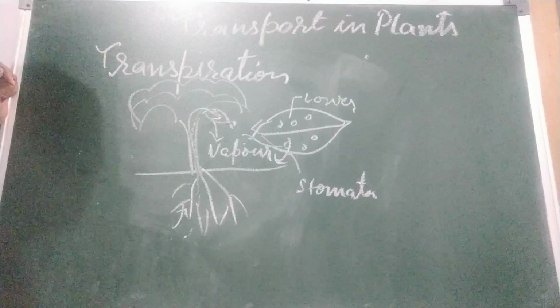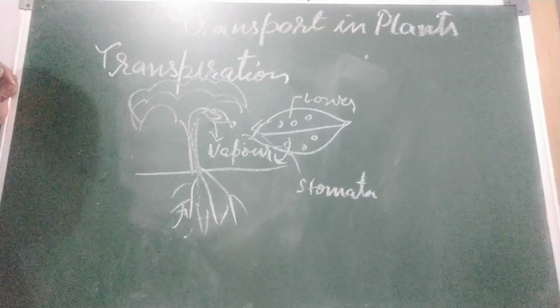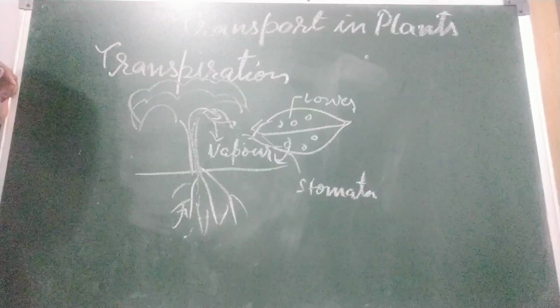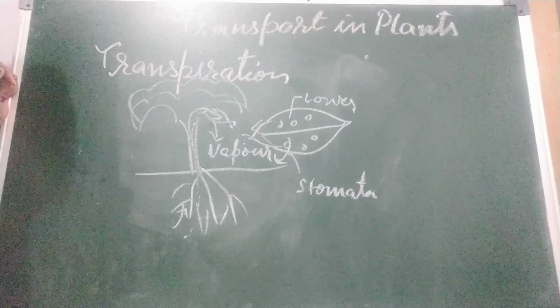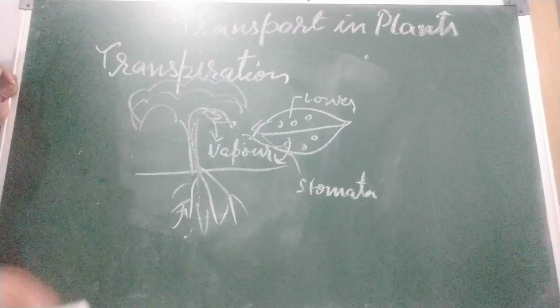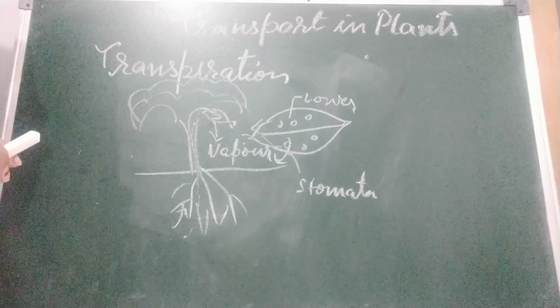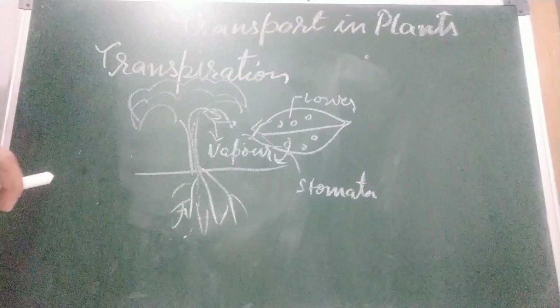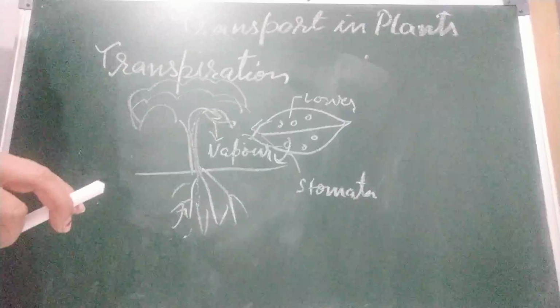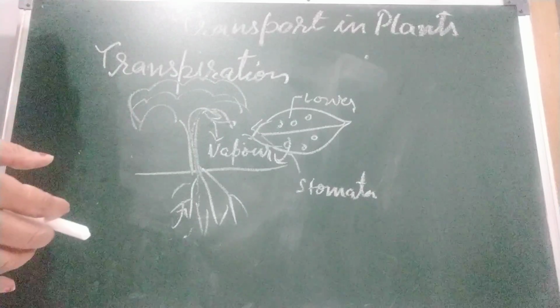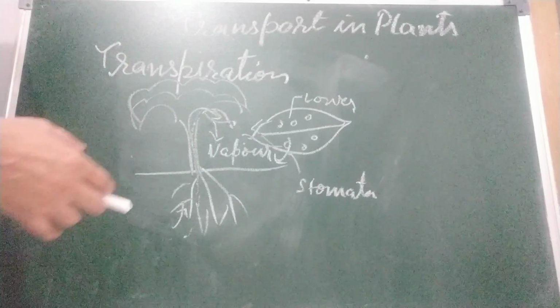The opening and closing of the stomata is controlled by the amount of water lost during transpiration. Generally we say there is exchange of gases: during the day the plant takes in carbon dioxide and gives out oxygen, and the photosynthesis process takes place during the day.